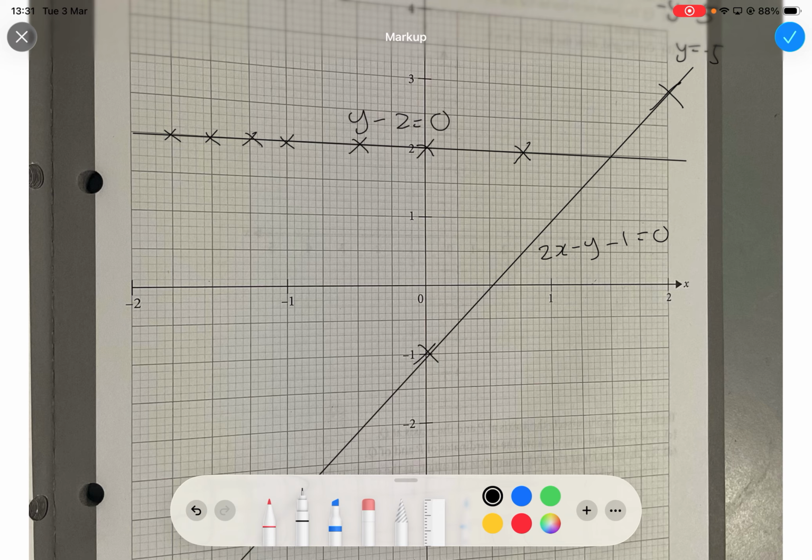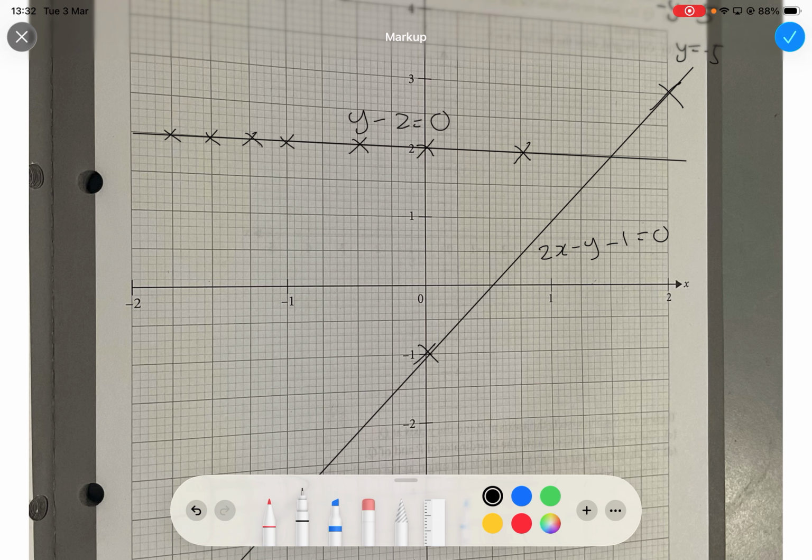So what is so special about this point? This is the only point, only combination of x and y that satisfies both equations. So this is the point. When x is 2, y equals to 2, it can satisfy equation 1.